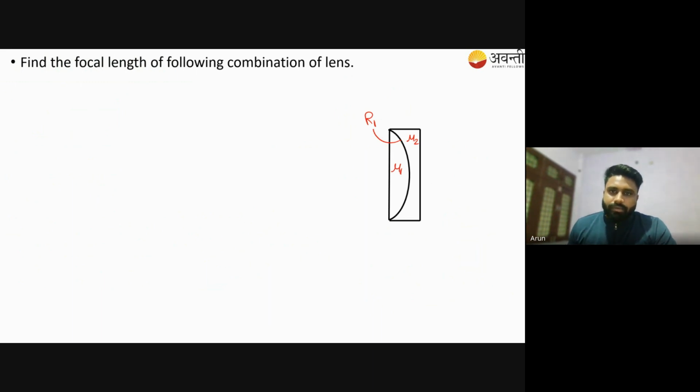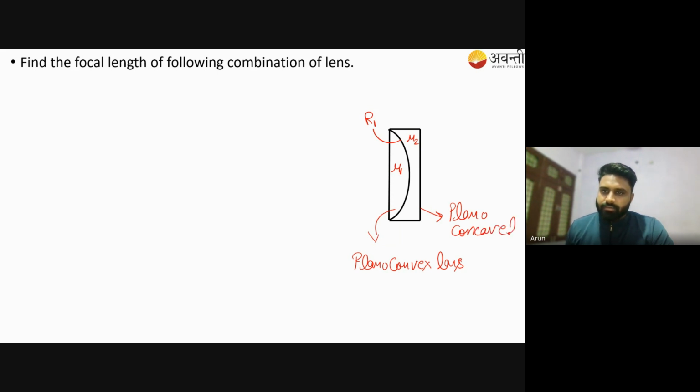So this is the combination of a plano-convex lens and a plano-concave lens. Okay, got it? Because a plano-convex lens is this and a plano-concave lens is this. If we just combine these, you will have a figure like this.